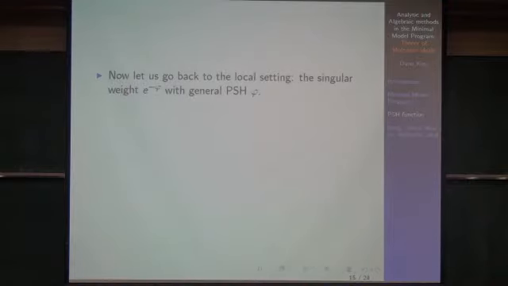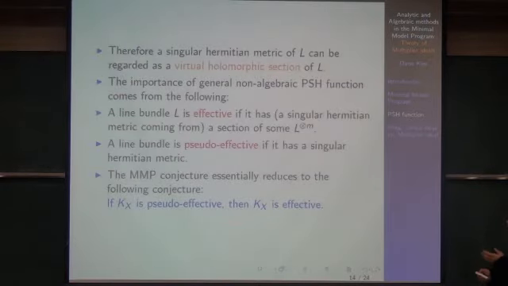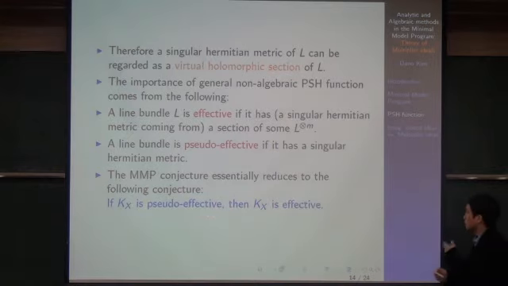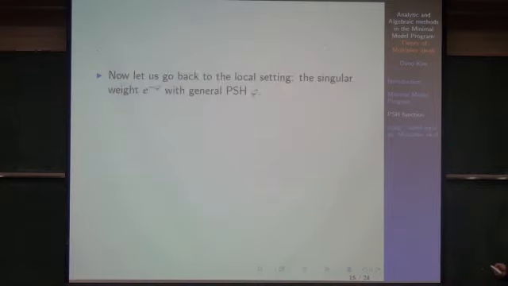In this talk, probably this is the last point where I had a direct relation to the MMP. From now on, I want to consider a different question about the multiplier ideal sheaf of a general singular weight exponential minus phi.